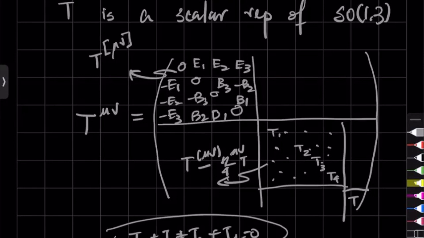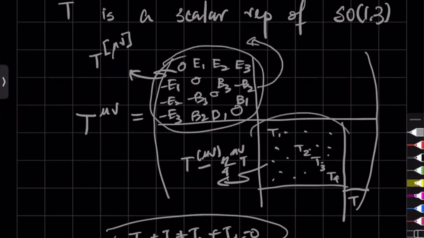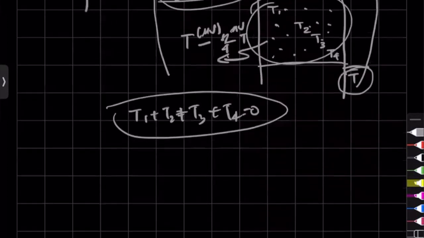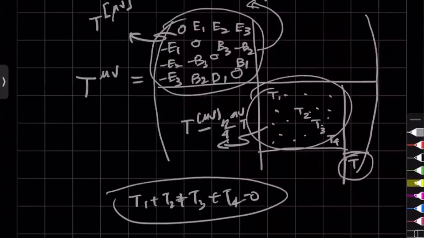And the idea is that under Lorentz transformation, this thing will go into itself, and this vector space will go into itself, and this vector slash scalar space will go into itself, and they will not mix with each other. Okay?